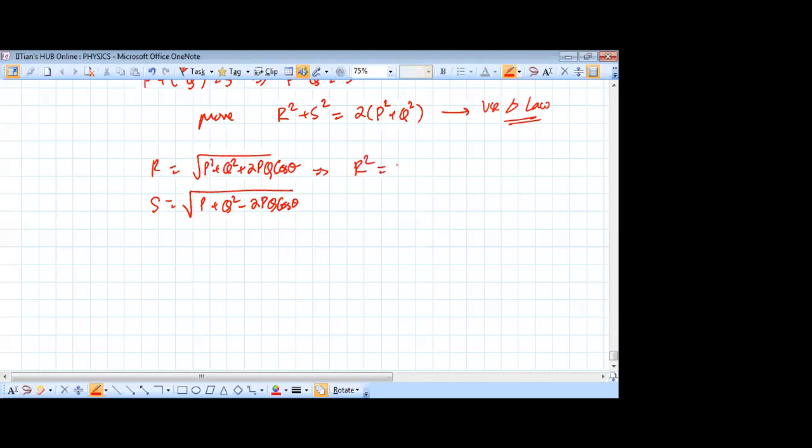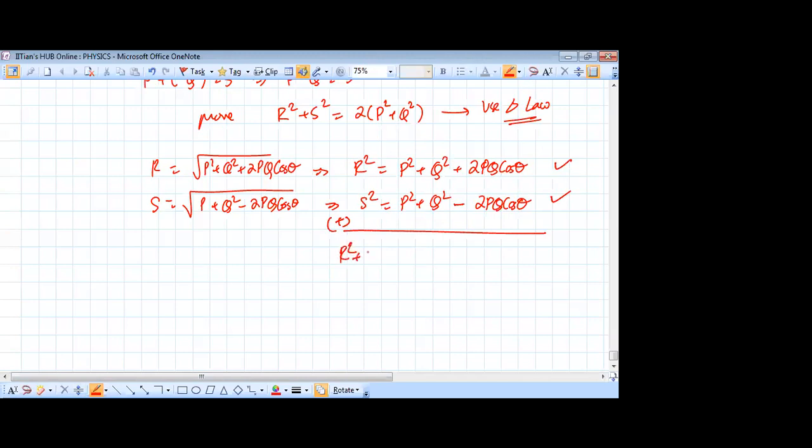So R square and यहाँ से S square minus. Okay. So if you add these two equations, immediately you can see your cos theta term gets eliminated. Add these two equations, so you get this becomes the final proof.